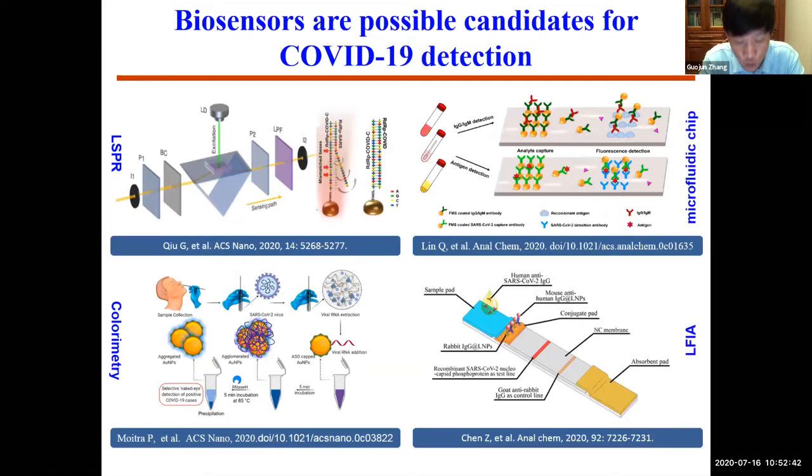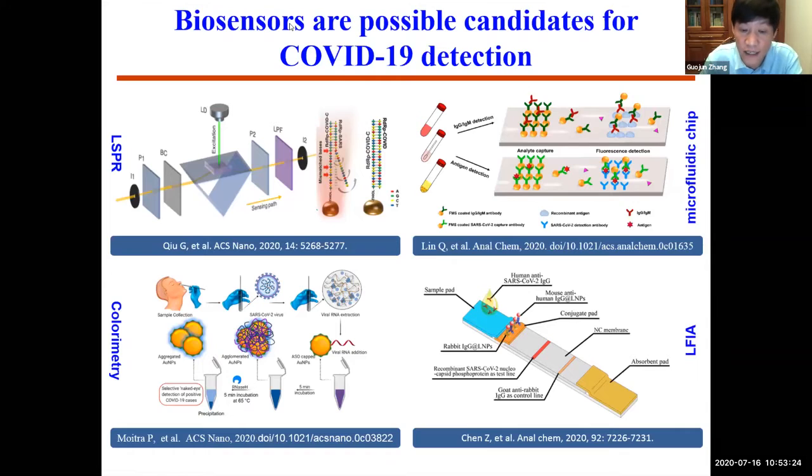Now, I'd like to introduce four studies regarding biosensors for coronavirus detection. The first one is a dual functional plasmonic biosensor combining the plasmonic photothermal effect and localized surface plasmon resonance. The gold nano-islands functionalized with complementary DNA receptors can perform a sensitive detection of the RdRp sequence, which I mentioned earlier.